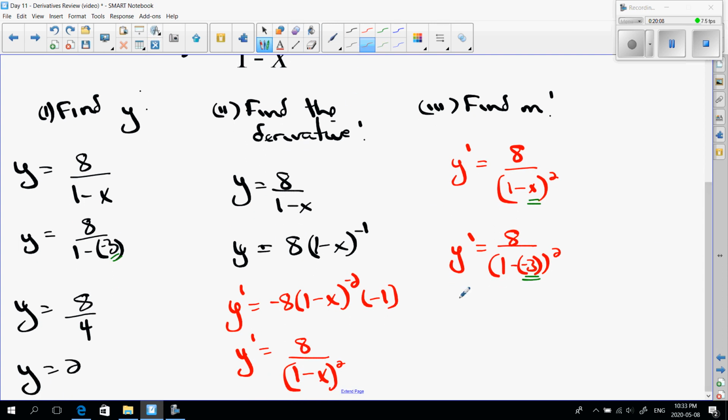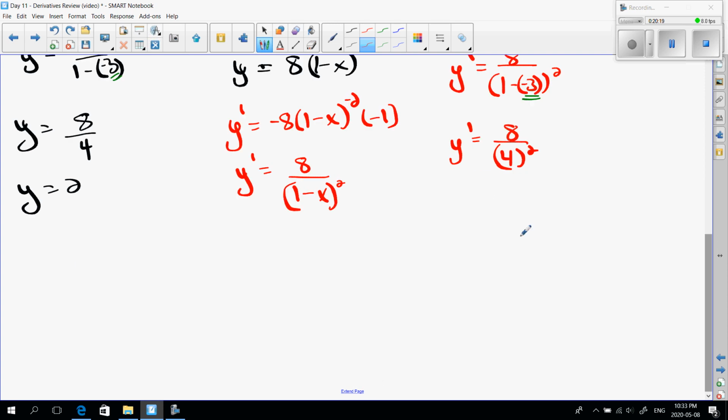So I end up with y prime equal to 8 over, this is 1 plus 3, gives me 4 squared. So 4 squared, that means 4 times 4, gives me 8 over 16, gives me y prime equal to 1/2. 8/16 is 1/2. And that means m is equal to 1/2.